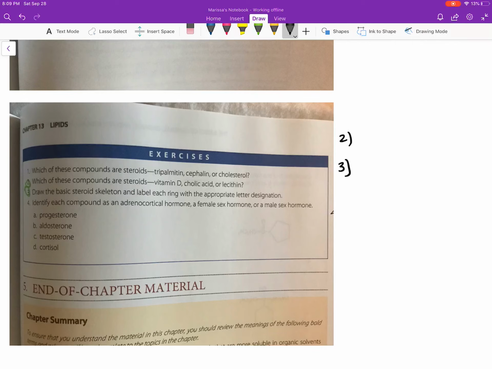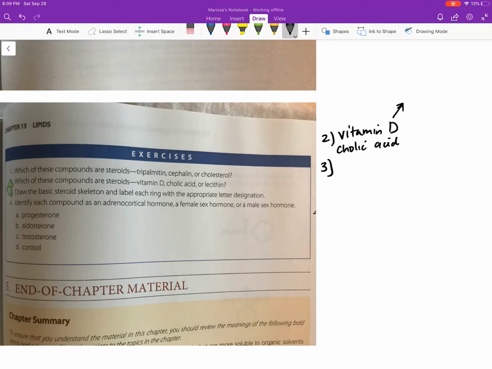So all steroids are non-saponifiable lipids, and the only ones here that are steroids are vitamin D and the cholic acid, which we had already seen on the previous slide. But vitamin D is another important compound that's going to have the 4-ring structure.